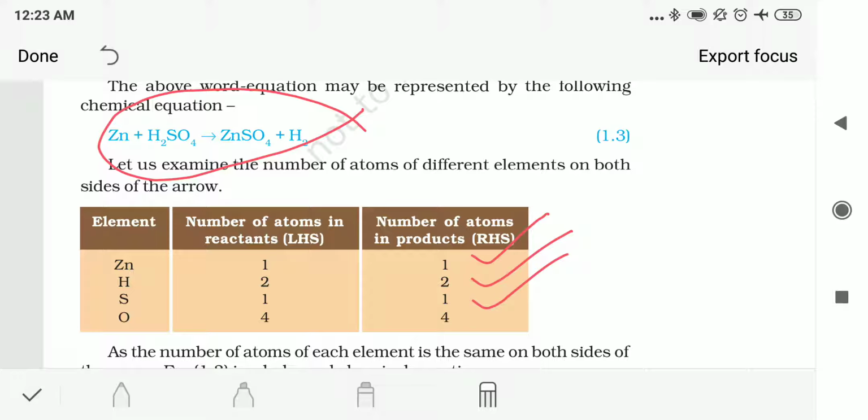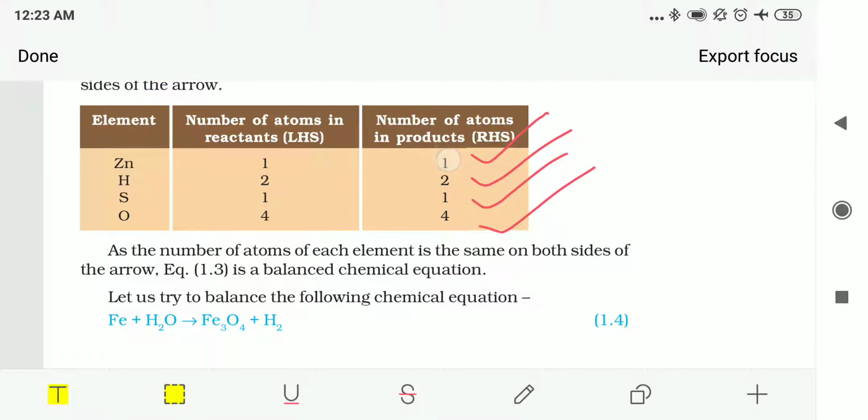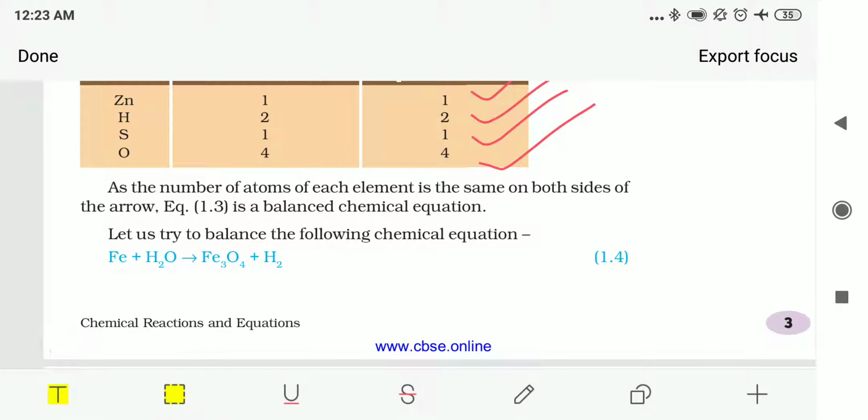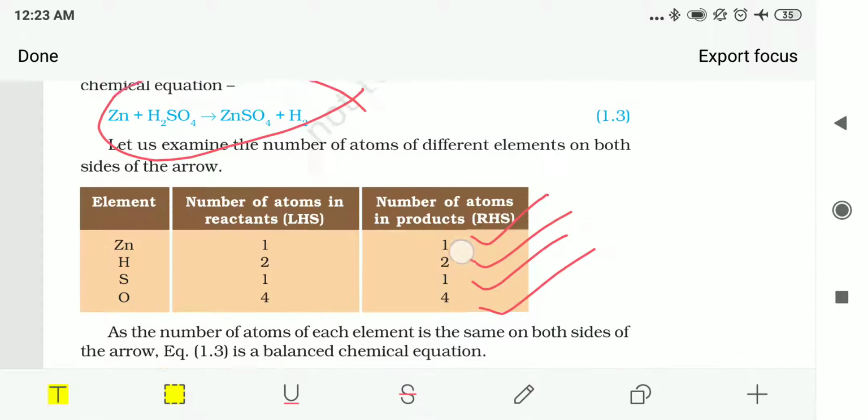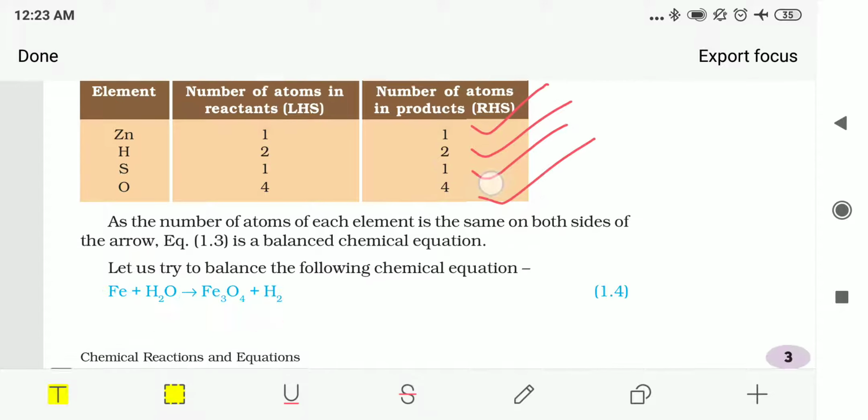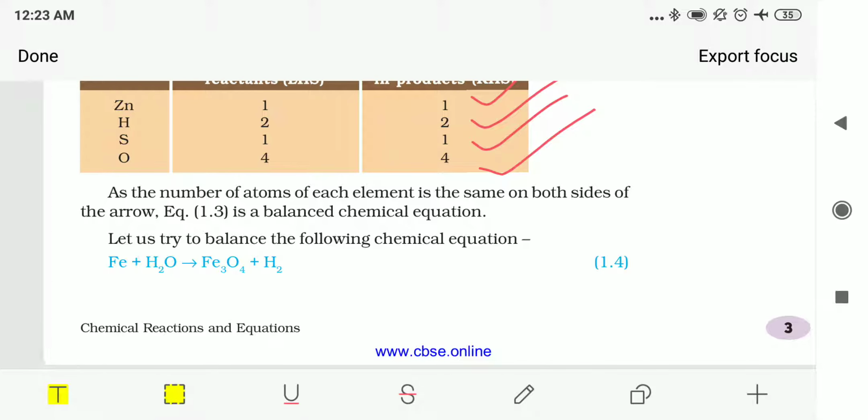Oxygen on the left hand side has four atoms, and on the right hand side also oxygen has four atoms. So we can say that oxygen is also balanced. As the number of atoms of each element is the same on both sides of the arrow, we can say that equation number 1.3 is a balanced chemical equation.